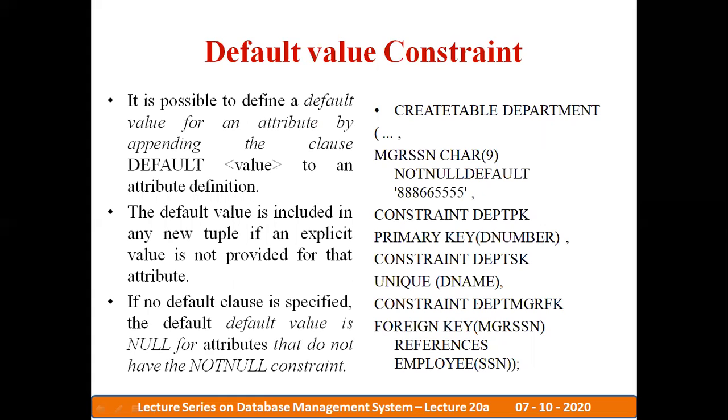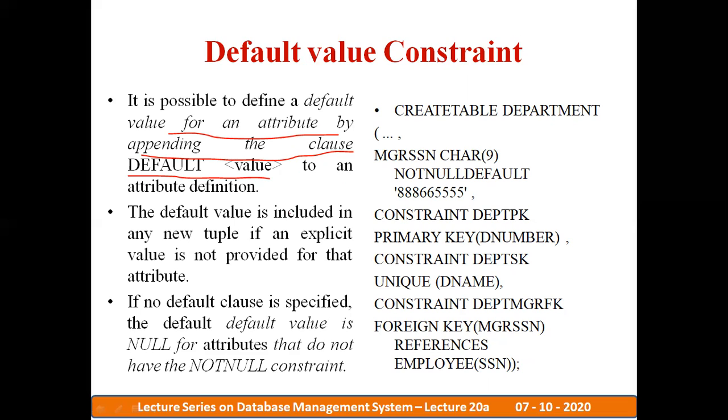Then the second type of constraint we are seeing is the default value constraint. It is possible to define a default value for an attribute by appending the clause DEFAULT, and after that you need to specify the value in the attribute definition.